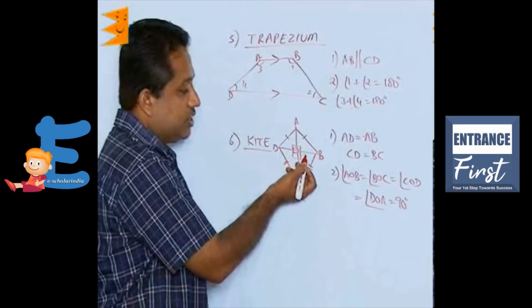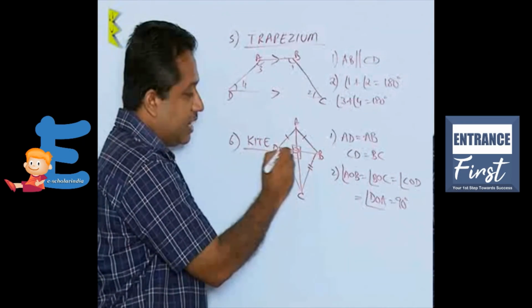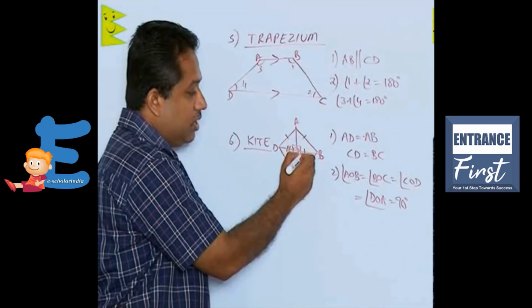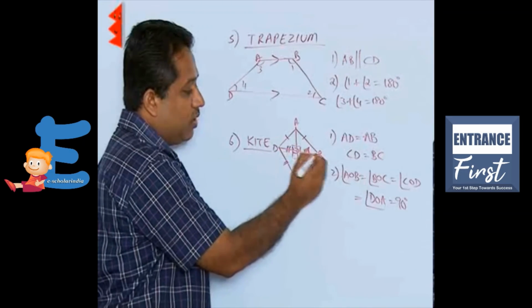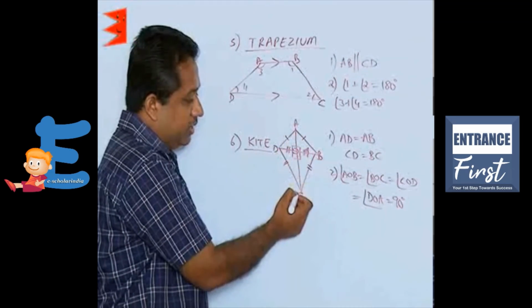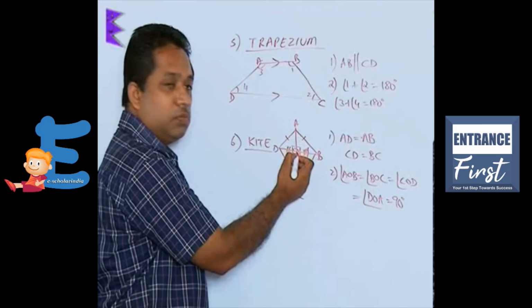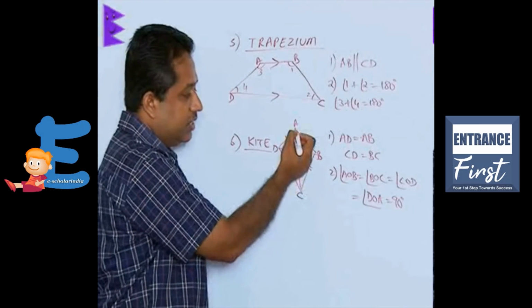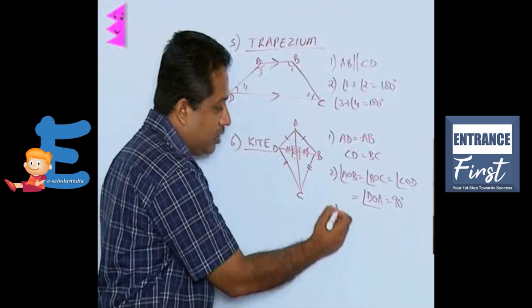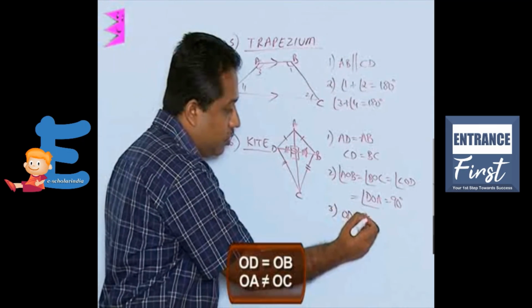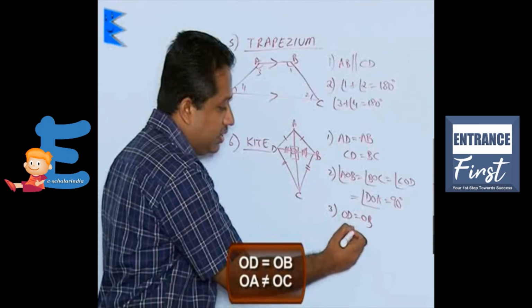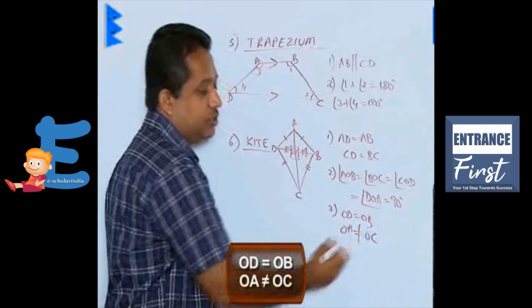Now do they bisect each other? If you look at this diagonal, OD will be equal to OB. These two are equal. But if you look at this diagonal, this length is small and this length is bigger than this. So we will say that OD is equal to OB, but OA is not equal to OC.